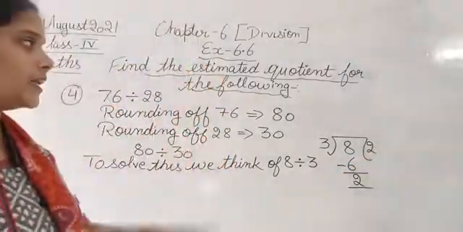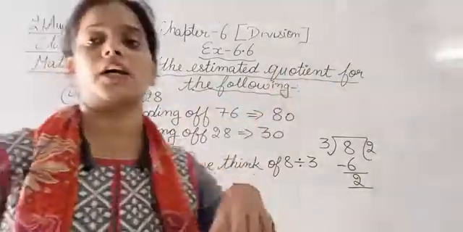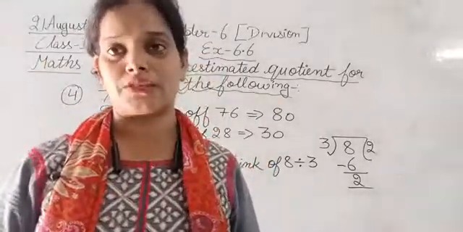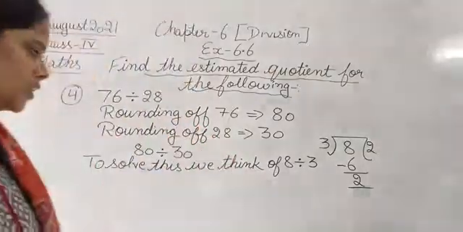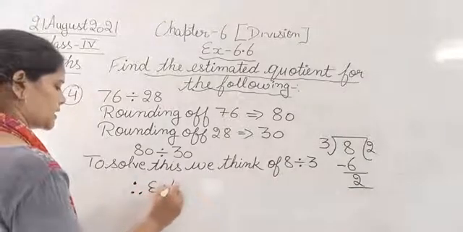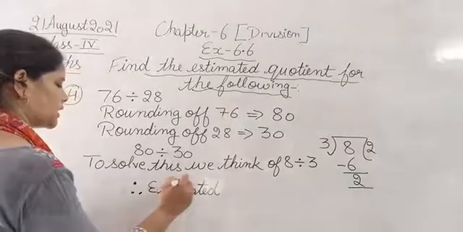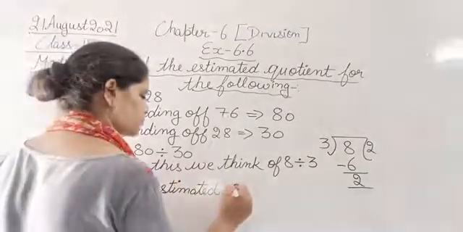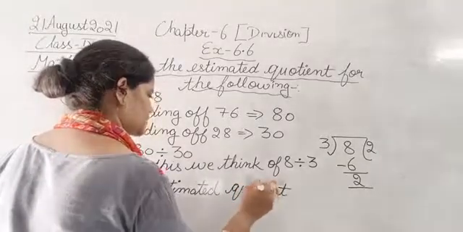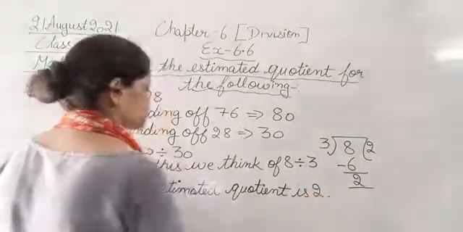But look, what is written in the question? The question says, find the estimated quotient. So we have to find the estimated quotient only. That means we are going to mention only the estimated quotient. Write down, therefore, estimated quotient is 2.